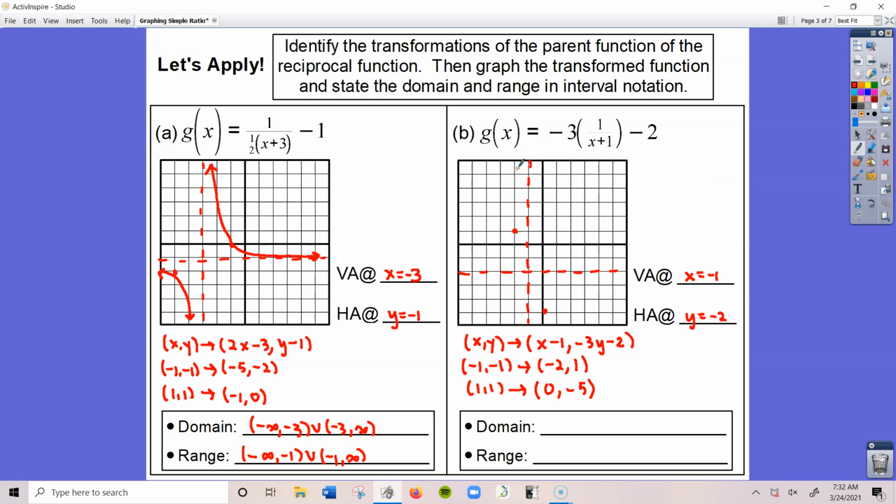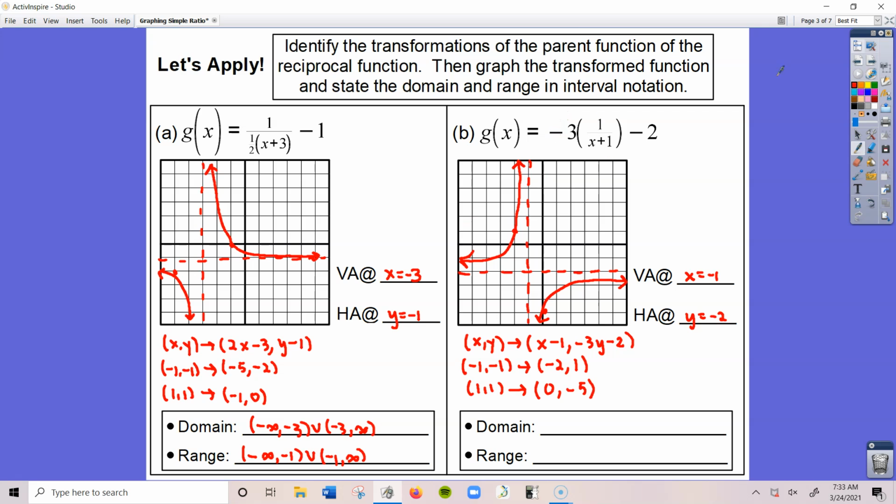And now we graph our curve based on those vertical asymptotes and horizontal asymptotes. So this side is going to curve up, and this side is going to curve down. And you can always use your transformations to double check if you did this correctly. Based on my transformations, I have this negative, meaning that there was a reflection over the x-axis.